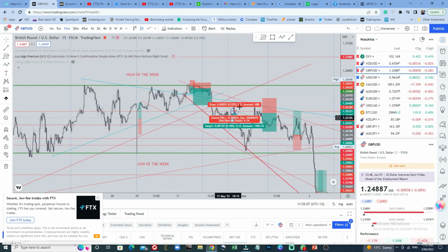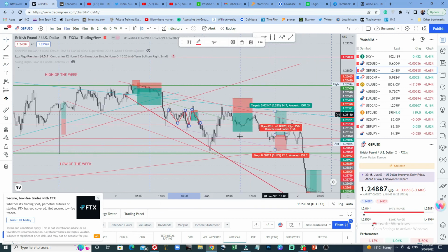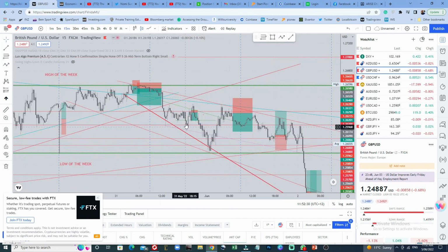Okay, then came here again, up, down, up. I bought here. I bought this one. It's quite messy, but I'm just trying to show you what I did. Came down here, touched here, consolidated a bit here.